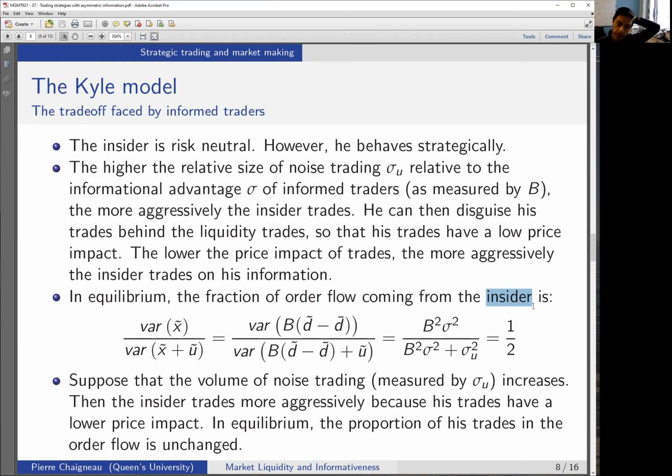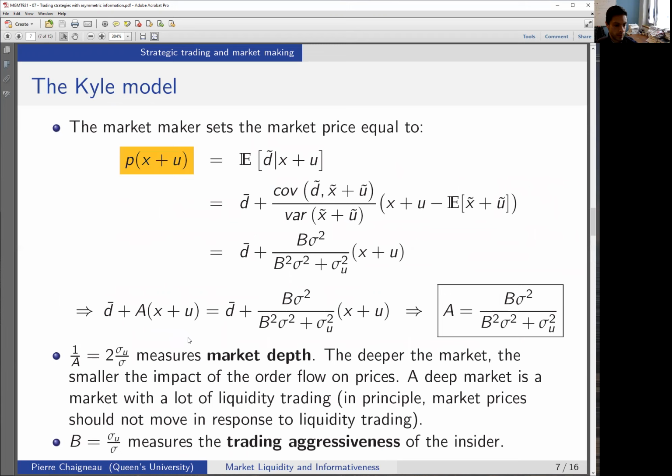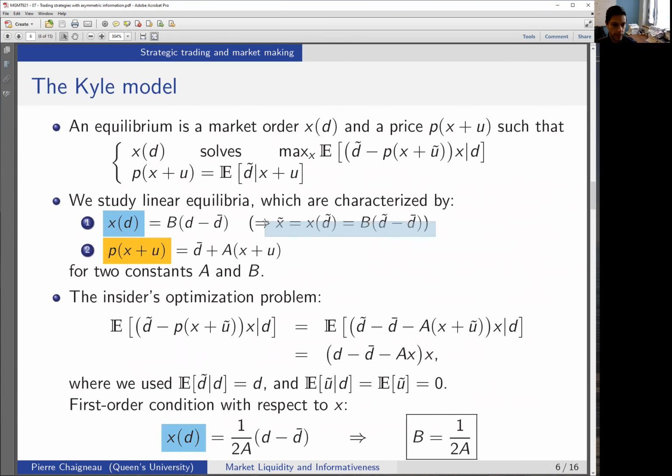And so for these purposes, because in expectation, X tilde and U tilde are 0, we're going to use the variance. Okay. So this gives us a measure of the intensity of the insider's trading. And in the denominator, we have the intensity of overall trading. Okay. So here we have X tilde. We replace that by the expression we have here for X tilde.